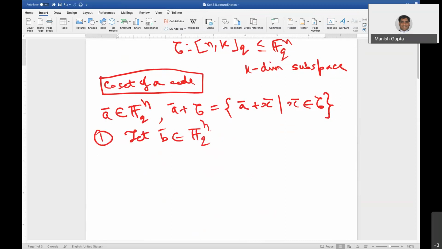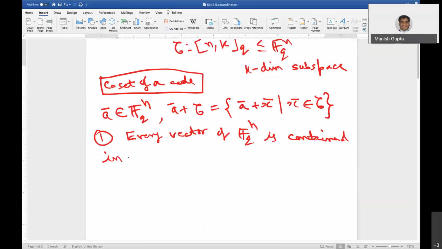We saw that if you pick any vector, it is in some coset.